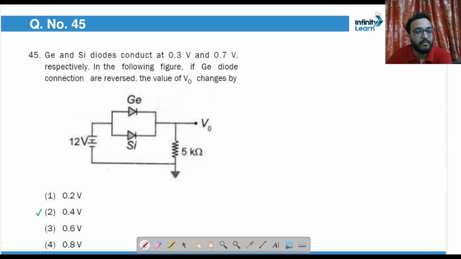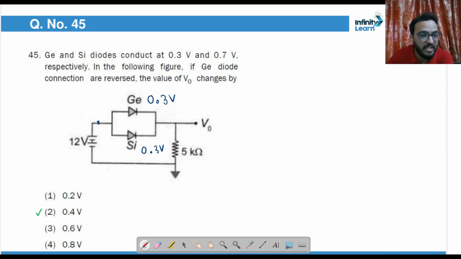45. See, in the following figure, if the germanium diode is reversed, first of all, germanium is forward biased, silicon is forward biased. So germanium works at 0.3 volts. So what will happen? Germanium works at 0.3 volts, so it will allow all the current to pass through it, right? Silicon is still working at 0.3 volts, but it is not allowing all the current.